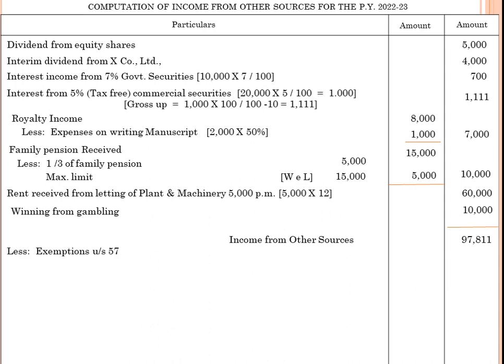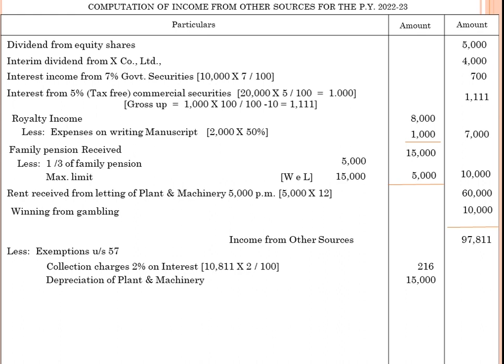Followed by less exemption under section 57. Collection charges 2% on interest and dividend. Here dividend 5,000 and interim dividend 4,000, 5 plus 4 is 9,000, and interest from government securities and commercial securities altogether, the total is 10,811 into 2 by 100, 216 rupees collection charges.